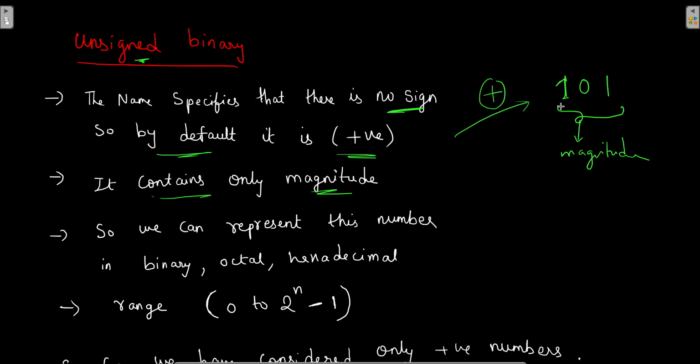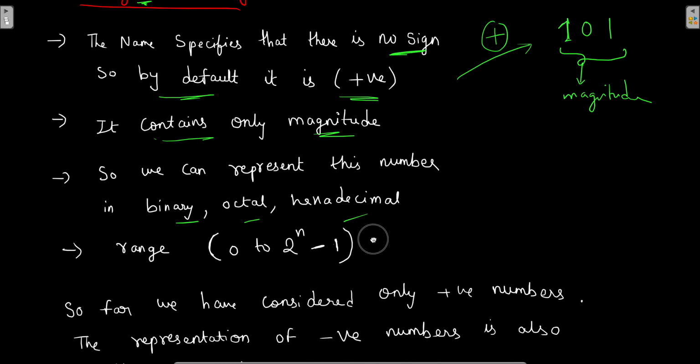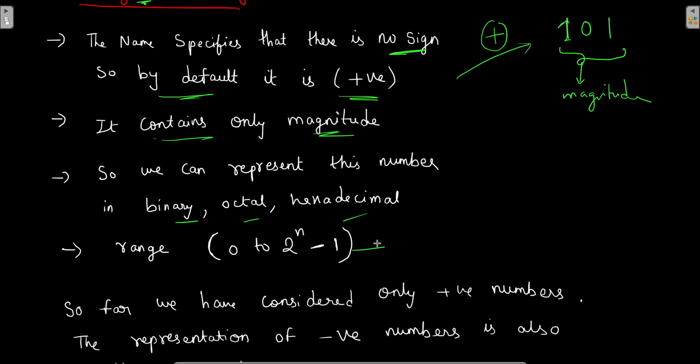Since 101 has no sign, we can represent such a number in binary, octal, hexa, etc. in unsigned binary representation. Coming to the range, it is 0 to 2 power n minus 1, where n is the number of bits.